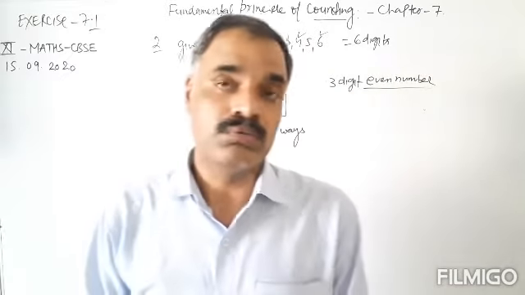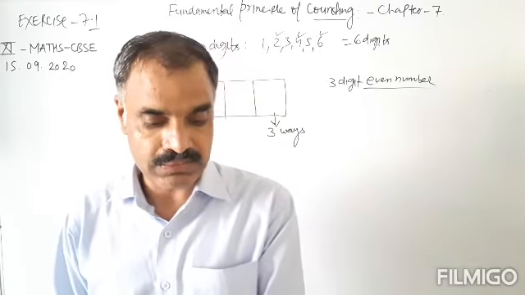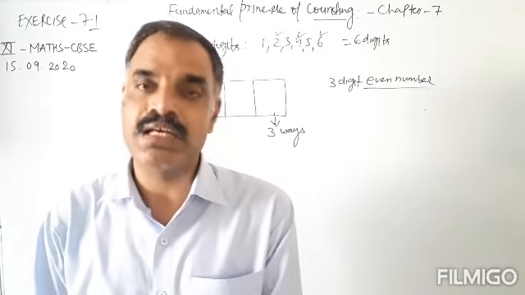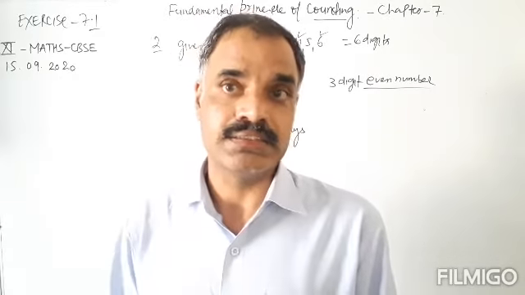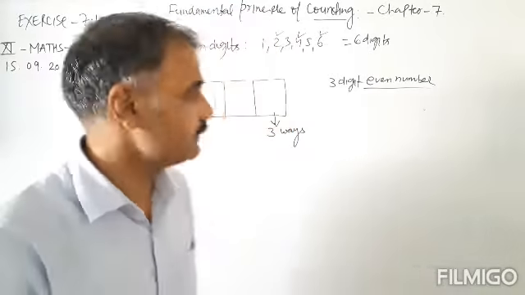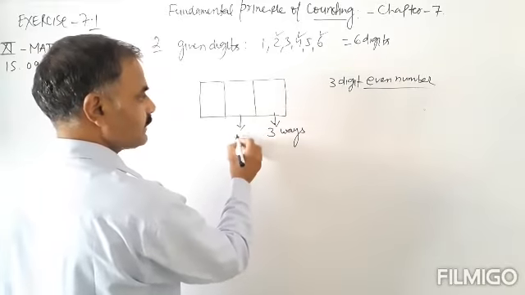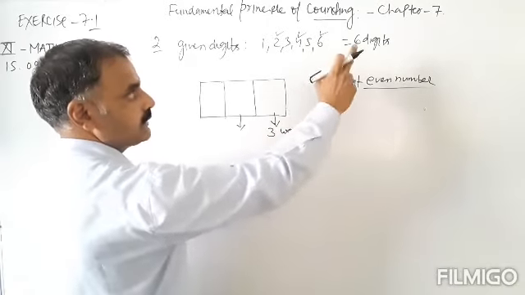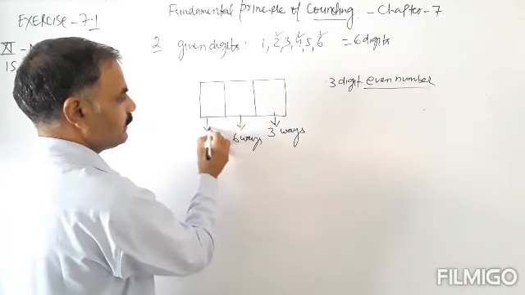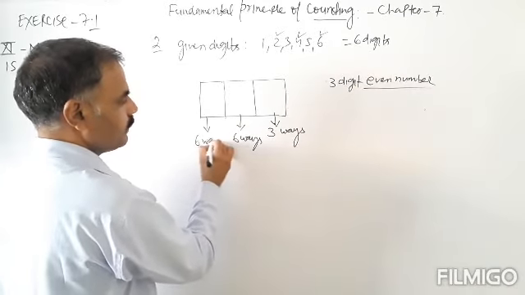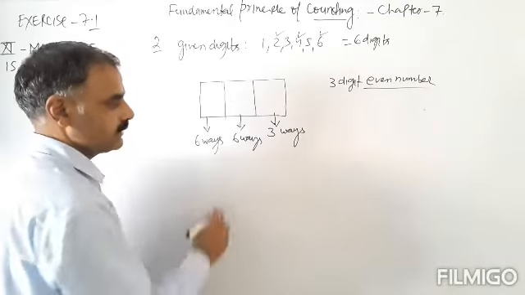Now the condition is also given that the digits can be repeated, means now we can repeat the digits. So the 10th place can be filled by using all the digits, that is 6 ways, and the 100th place can also be filled using all 6 digits, that is 6 ways.